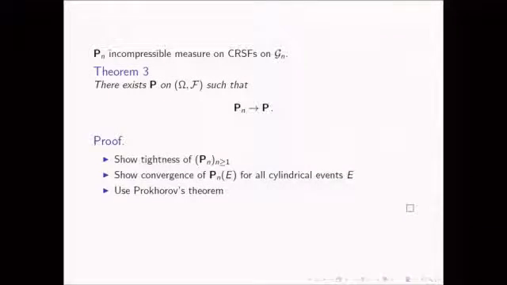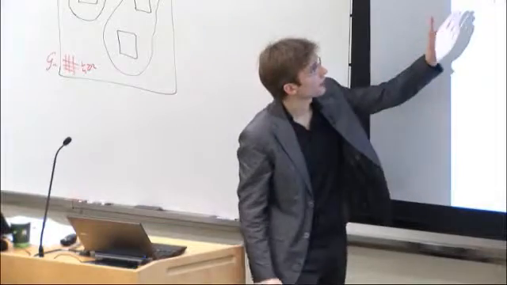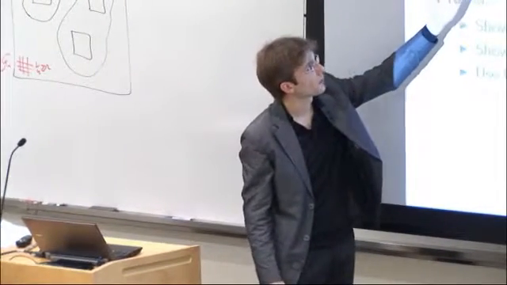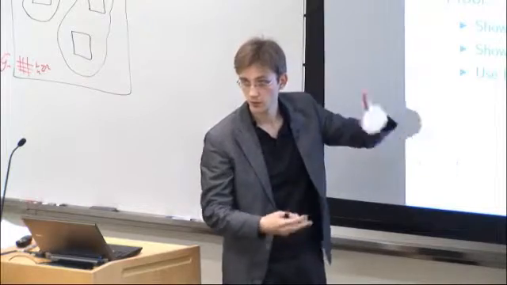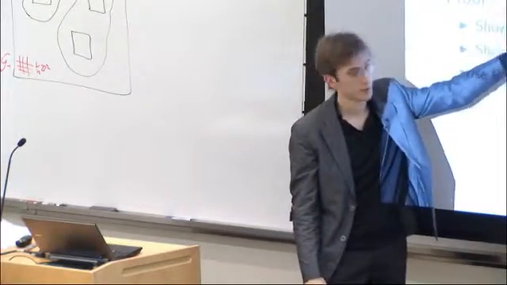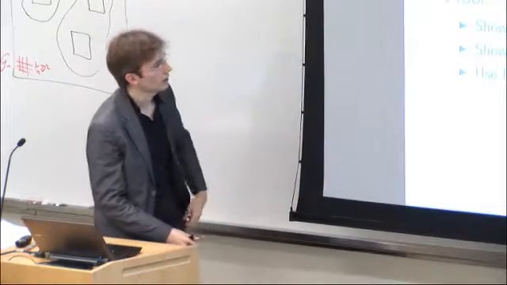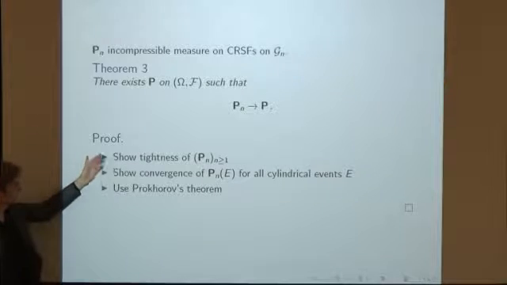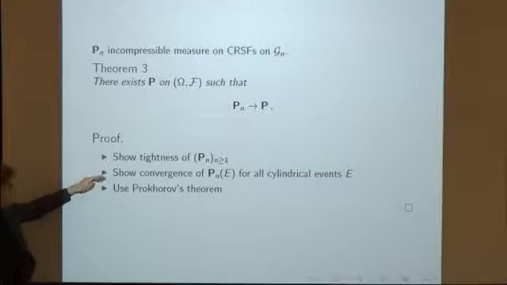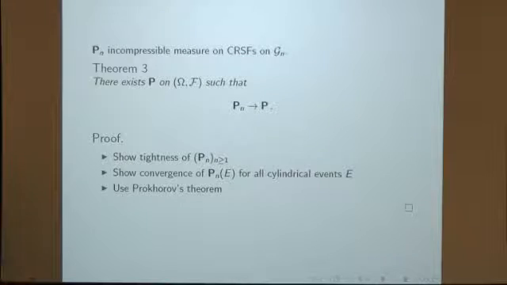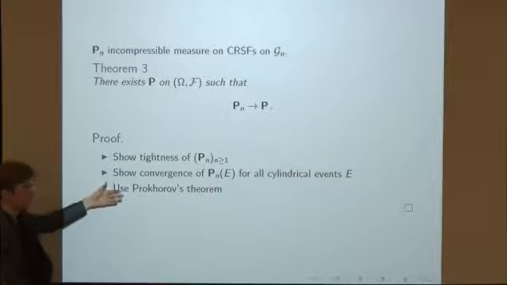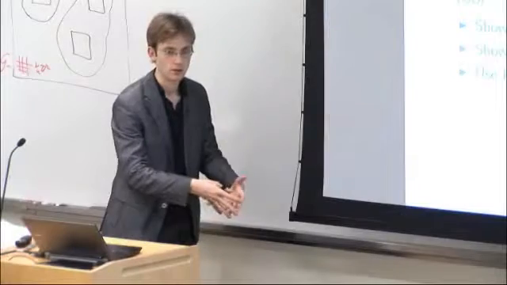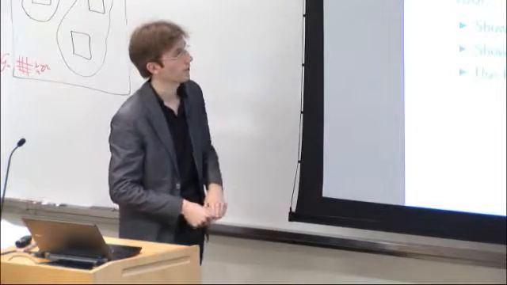And this is the theorem I want to prove, joint work with Rick Kenyon: there exists a probability measure P on the space of multicurves of this surface sigma, such that the sequence P_n converges to P. The proof uses a classical paradigm. We will show tightness of the sequence of measures, and then show convergence for some specified events that form a determining class for the sigma field. Then by Prokhorov's theorem, this will ensure convergence to the probability measure.